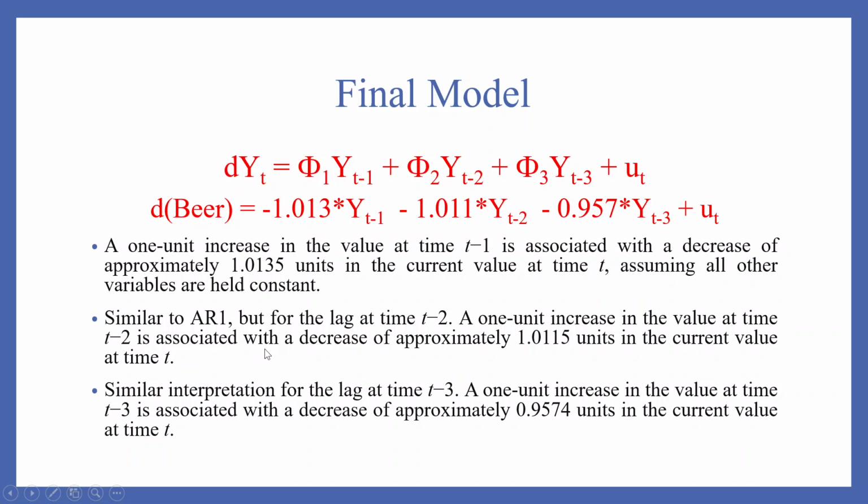Similarly to AR1, but for lag at time t-2, a 1 unit increase in the value at time t-2 is associated with a decrease of approximately 1.0115 units in the current value at time t. Similarly, interpretation for lag at time 3. A 1 unit increase in the value at time t-3 is associated with a decrease of approximately 0.9574 units in the current value at time t.